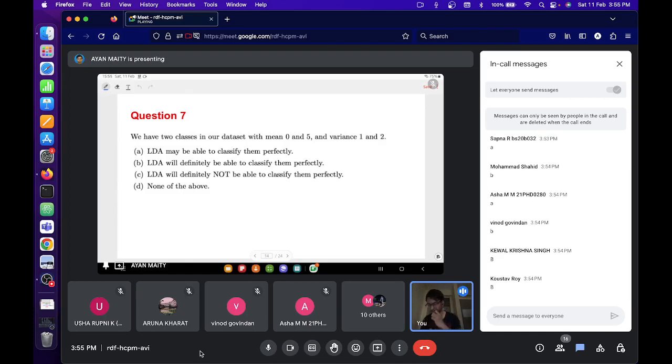So no one has written C, that it will definitely not be able to classify them perfectly. Any other answers in the chat? Does anyone think C would be the correct answer? Will definitely not be able to classify? Kaustubh Rai has also written B.